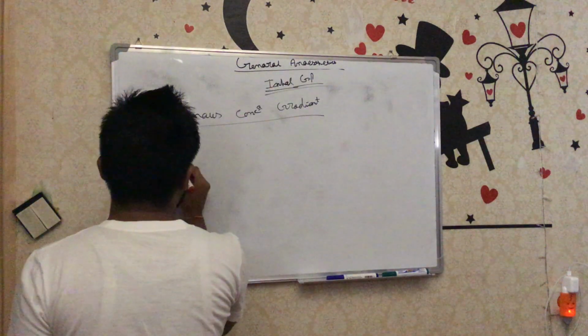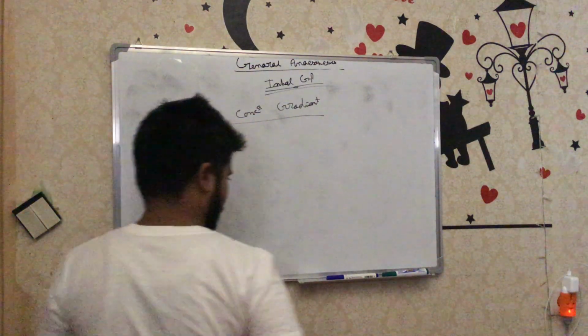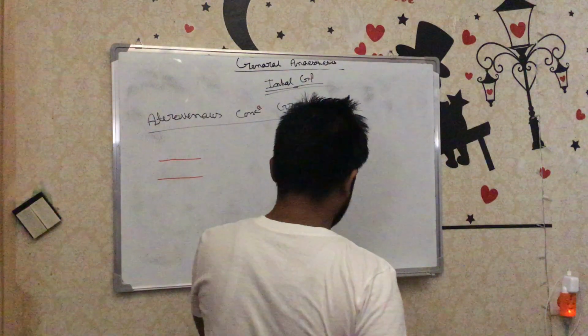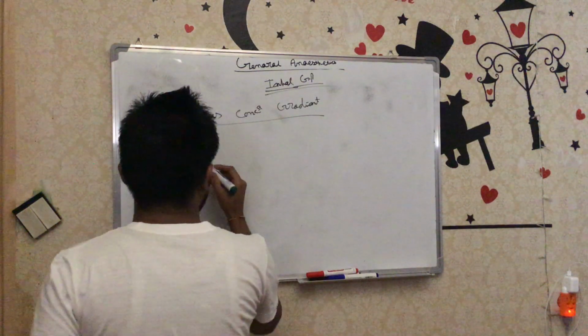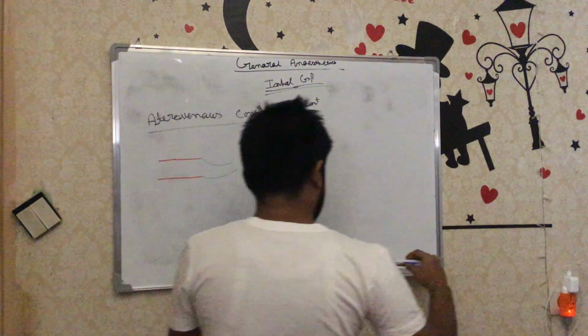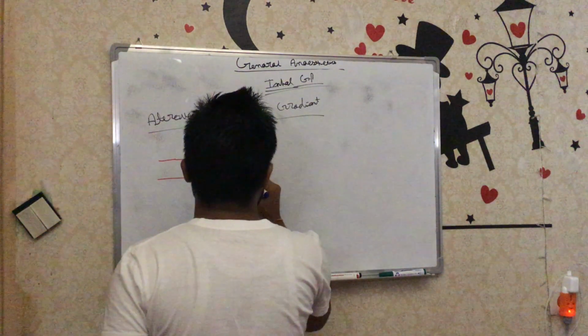For example, this is our artery, here the capillary, and here again the vein.